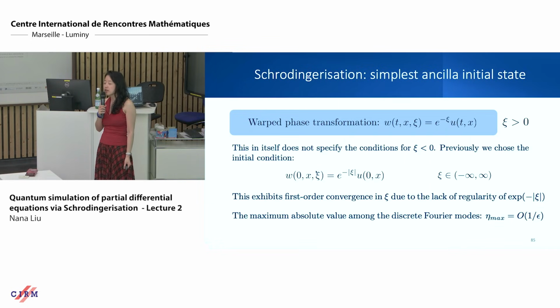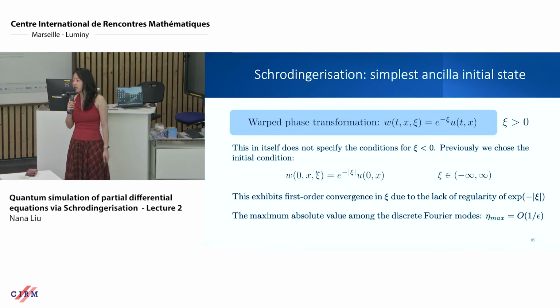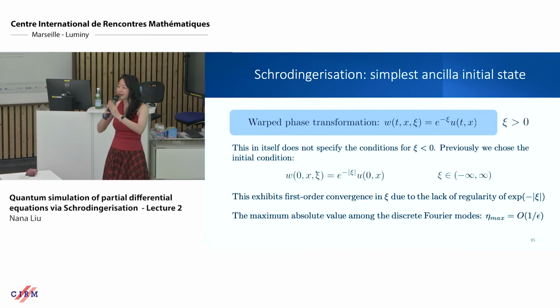Which means the schemes are accurate up to 1 over epsilon. This is the precision. And the question is, can we improve that? Of course we can, because the whole problem came from the fact that this e to the power minus psi has this sharp point, so the regularity is low.